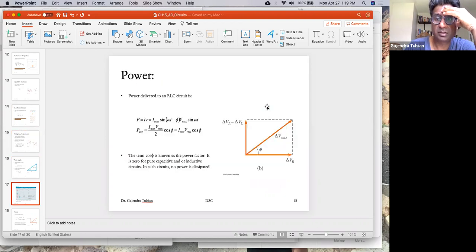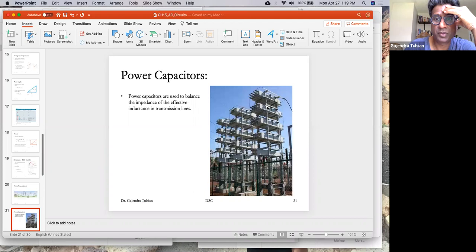You will have seen evidence of this: these are power capacitors used to balance the effective inductance of a transmission line. Power gets to you via transmission lines, which have inductance, so you put capacitor banks at the city to make phi 0, so maximum power is delivered to you.